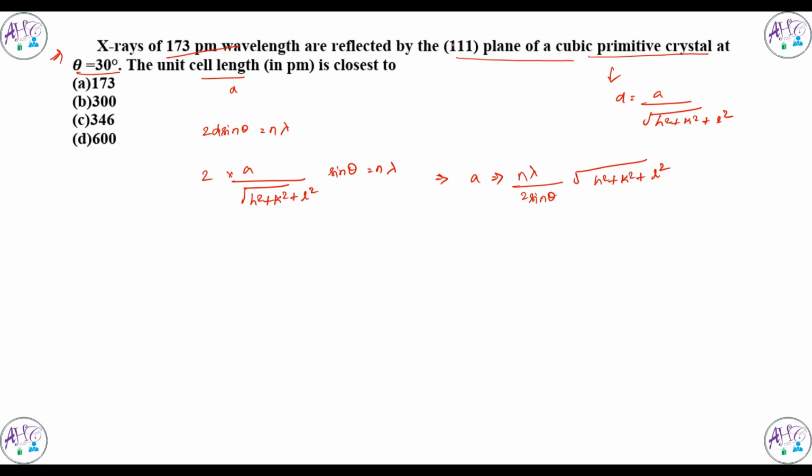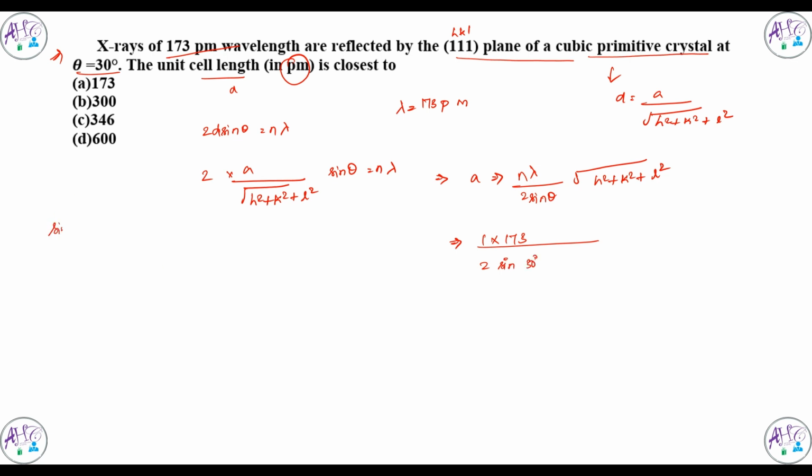So the HKL value they have given is the 111 plane. Okay, so if you simply substitute, what other values have they given? Your lambda value is 173 picometer, and your unit cell length is also in picometer, so there is no need to convert. So n is going to be 1, and your lambda value is going to be 173 picometer by 2 into sin theta, and the theta value given is 30 degrees.